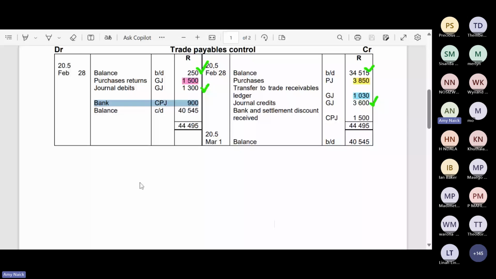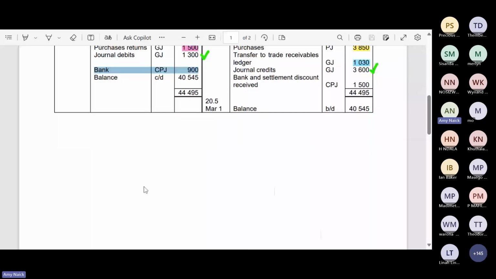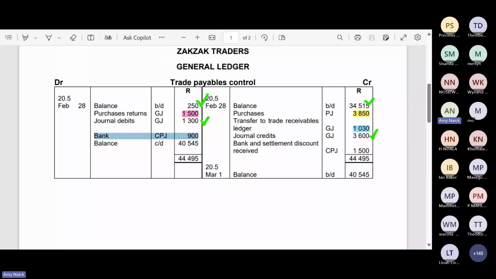So that 900, remember, was a payment. Payables will increase on the credit side, and any repayment to the supplier would come through on the debit side, as do any purchase returns. We've recorded too little of the payment to reduce a supplier that's sitting on the credit side. So we're going to process the 900, and that's going to reduce the creditor balance sitting on the credit side.